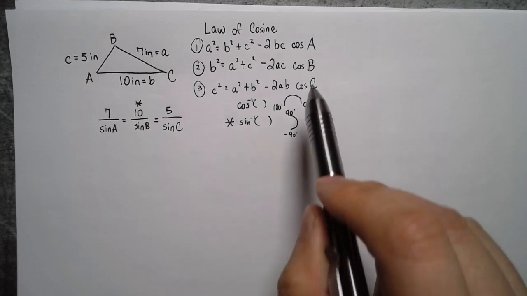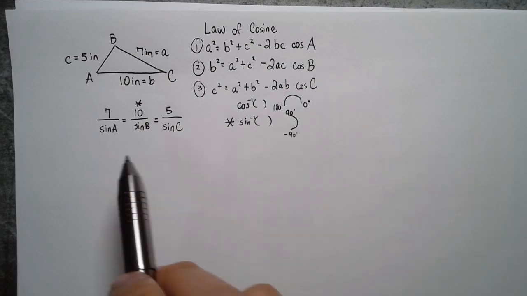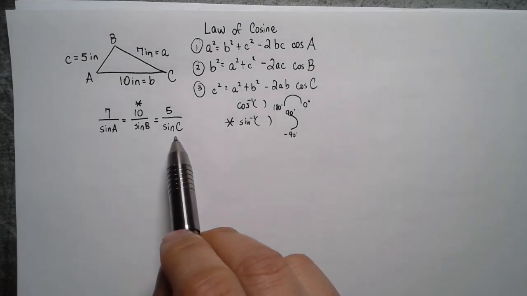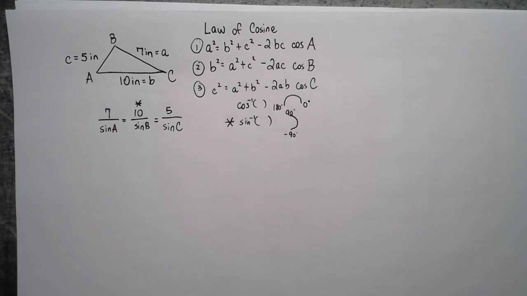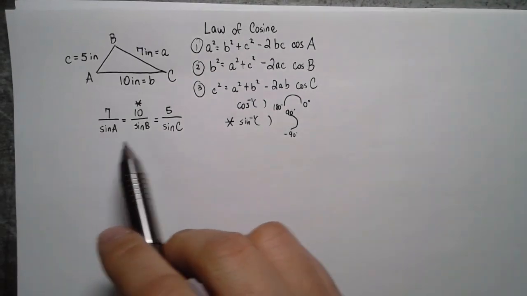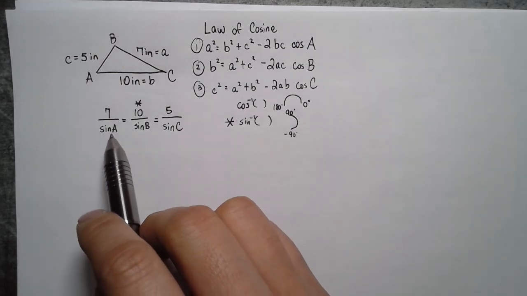Or you can use the other two law of cosines to find angle A or angle C first. Once you find angle A and angle C, you can solve for angle A first.